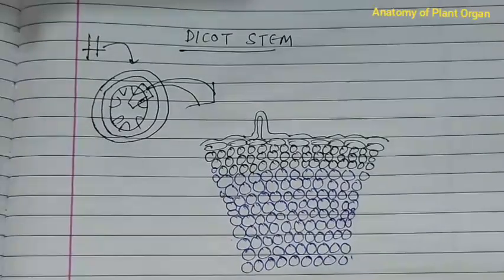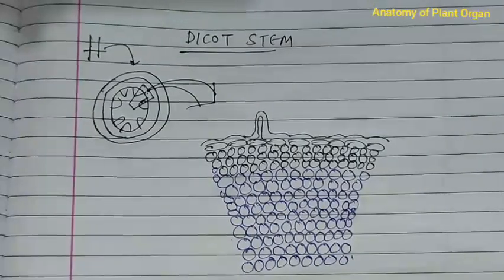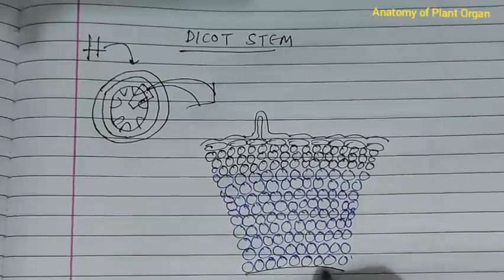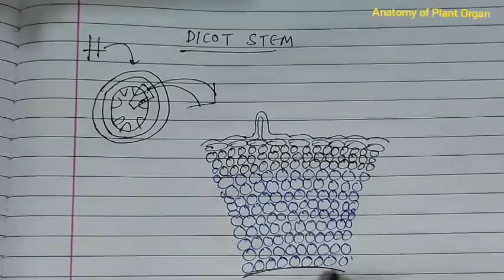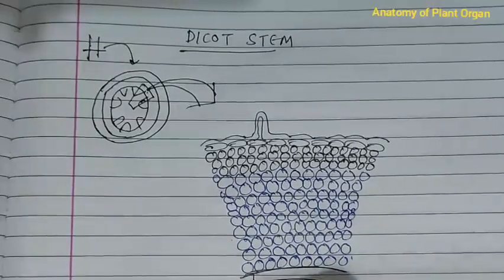So this is the cortex. Now inner to cortex we find the endodermis.